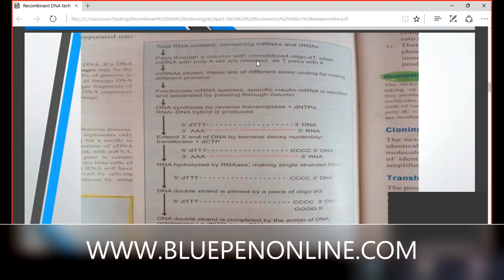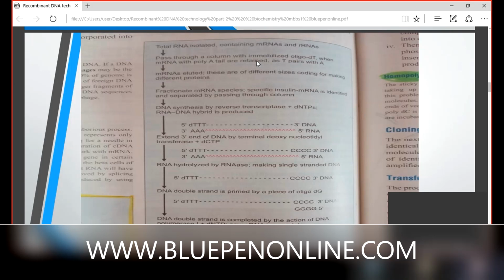mRNA is eluted. These are of different sizes, coding for making different proteins, so we can fractionate this mRNA species. Specific insulin mRNA is identified and separated by passing through the column. Then DNA synthesis by reverse transcriptase plus dNTP, and an RNA-DNA hybrid is formed.